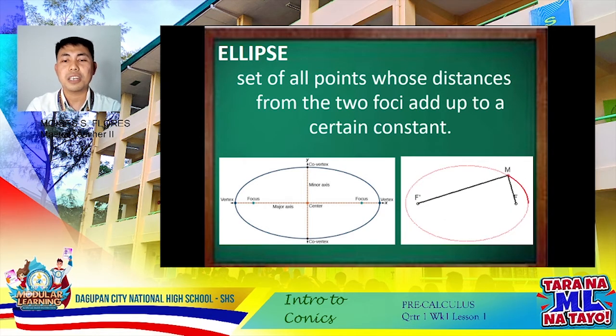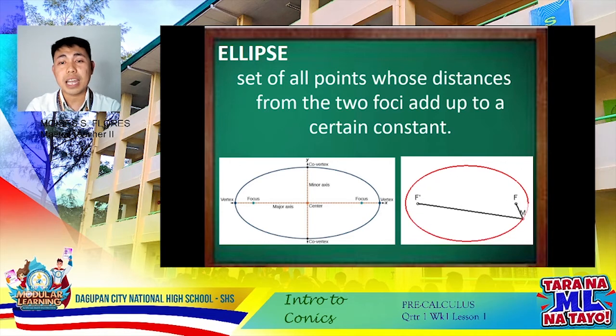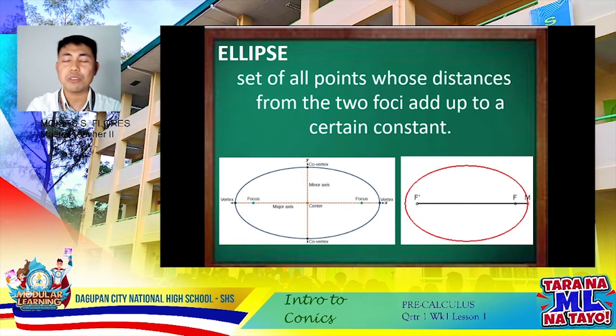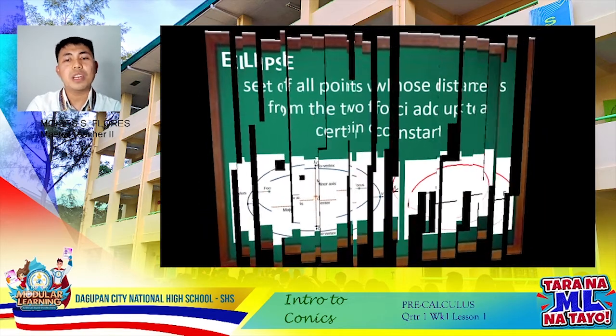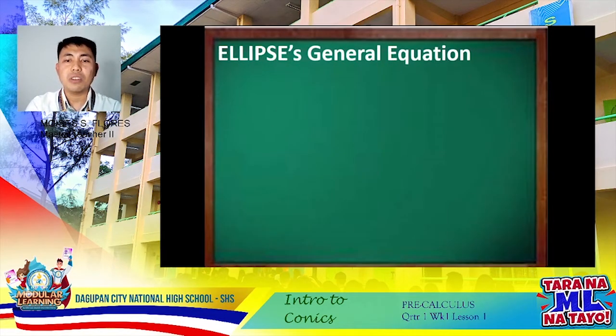These terms are again to be discussed further in our succeeding lessons. The other diagram shows us how to graph an ellipse. Now let's move to the last property, which is the general equation of an ellipse.